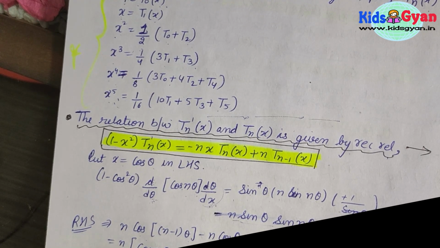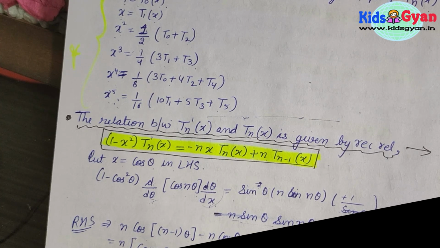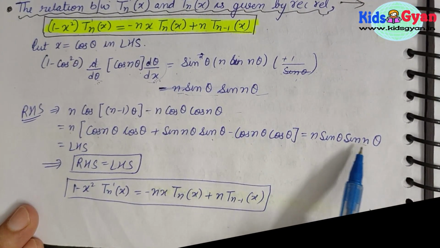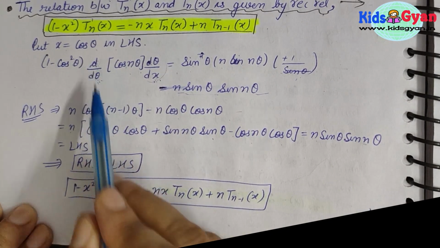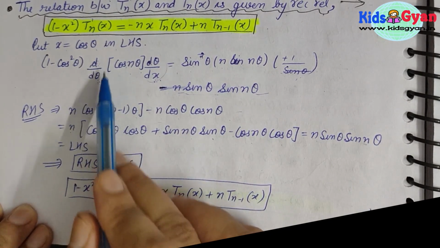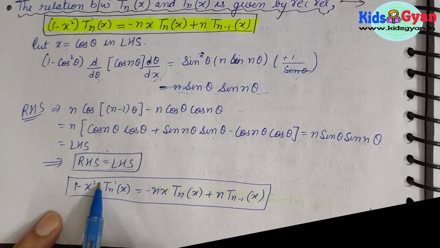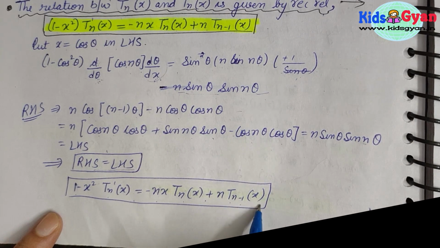If we solve this term, n cos n theta cos theta plus sin n theta sin theta, using cos(a minus b), minus cos n theta cos theta, we get n sin theta sin n theta. So both of these terms, LHS and RHS, are equal. So we can say 1 minus x squared T'n(x) is equal to minus nx Tn(x) plus n Tn-1(x).